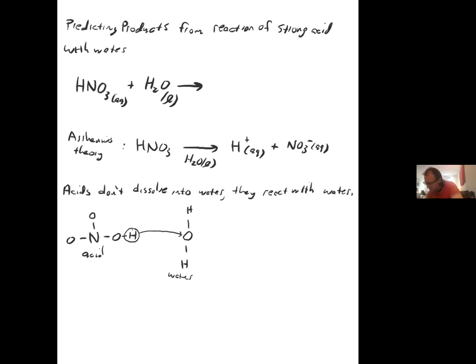The hydrogen is transferred. So after that process is done, what happens is the nitrogen still has all the oxygens, but it doesn't have the hydrogen. And then the oxygen in the water now has 3 hydrogens. However, it's not a hydrogen atom that gets transferred, it's a hydrogen ion, so it has a positive charge.